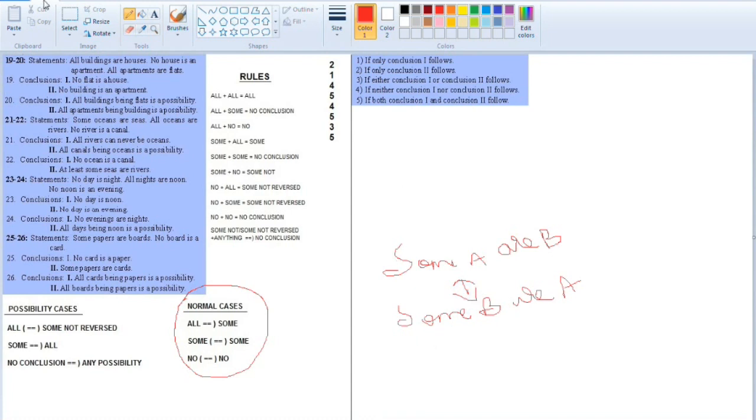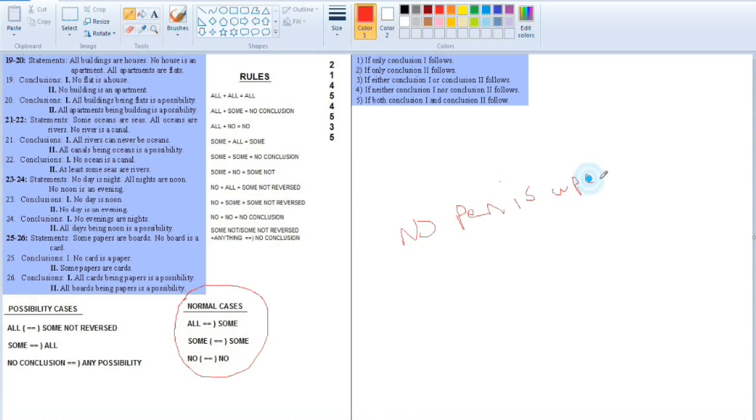It can be written like this. The same applies to no as well. So, no pen is a pencil, we can write it as no pencil is a pen. We can write it like this.